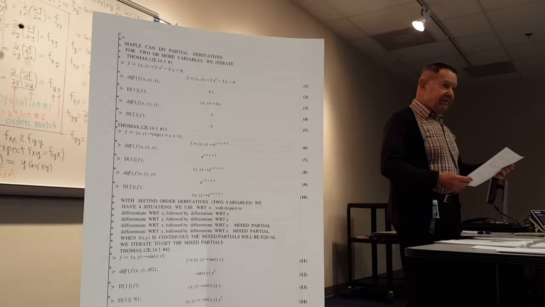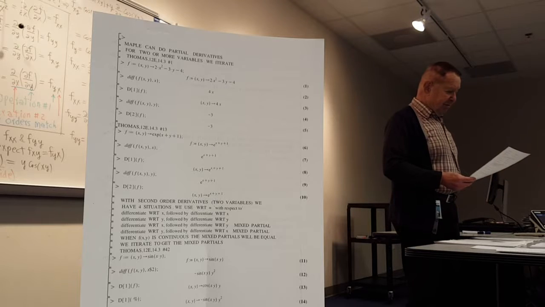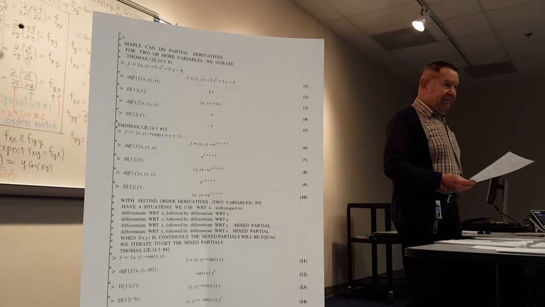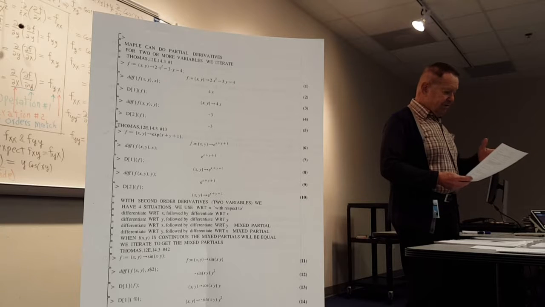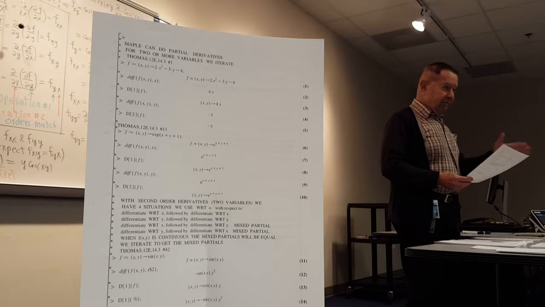Another way you can do this with Maple is the capital D as an operator applied to a function, and the number in the brackets is like a subscript, and so the 1 would be the first variable that you've named when you define the function.